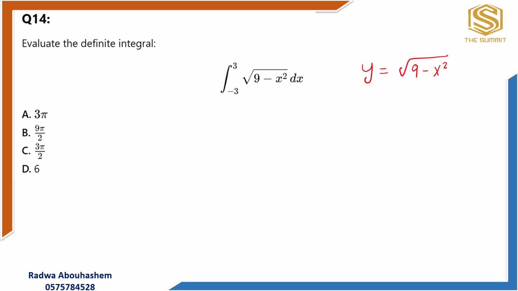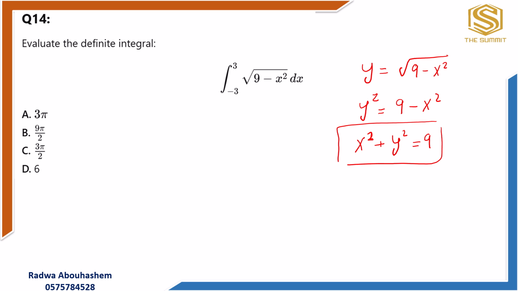Good. Now, if I square it, y power 2 equals 9 minus x power 2. If I isolate the variable, it would be x power 2 plus y power 2 equals 9. Does this remind you of something? This is the equation of a circle.